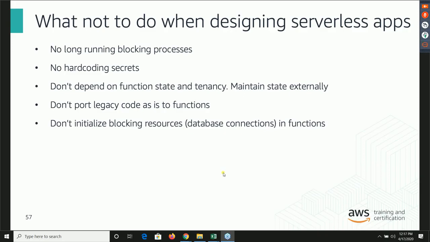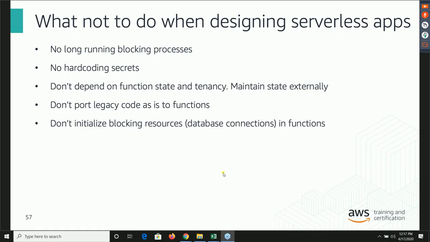It will take holistic thinking about distributed architecture, be it functions or containers, to make sure you're running that efficiently. And do not have long blocking, waiting, polling kind of code within your functions. Fail fast, that's the other option.